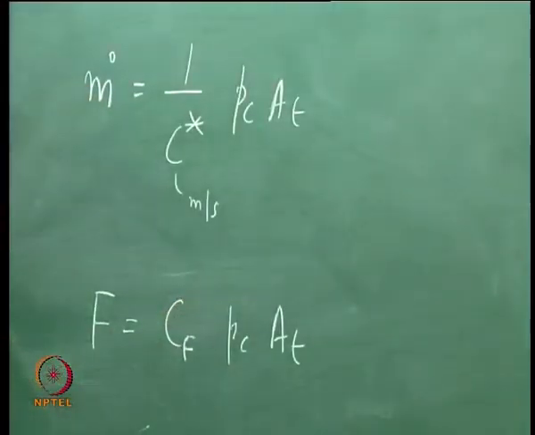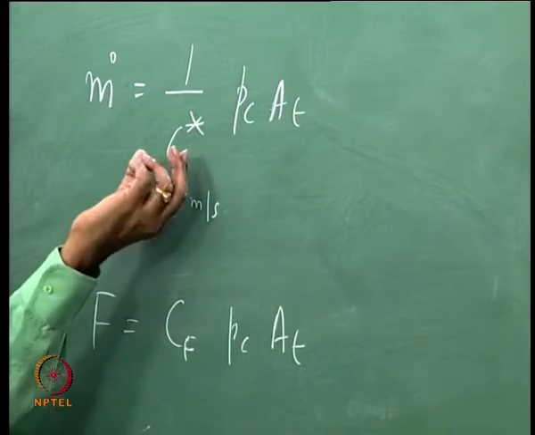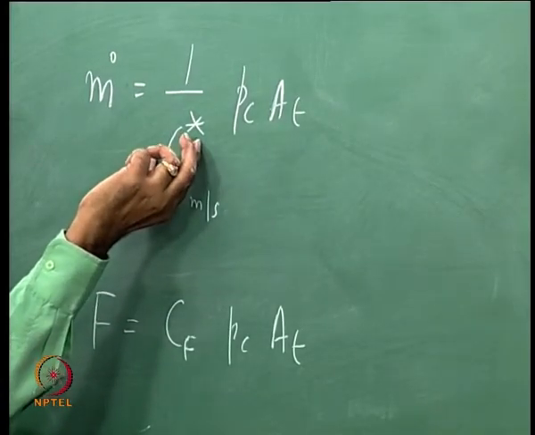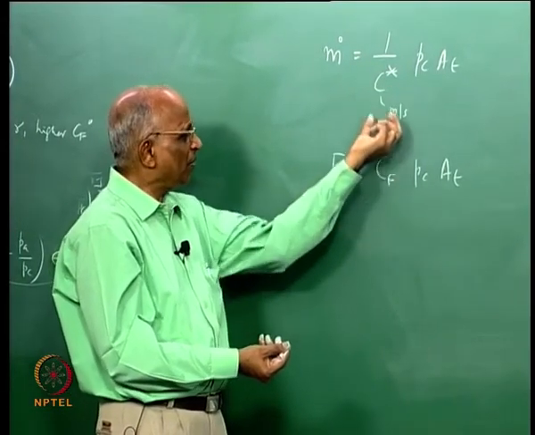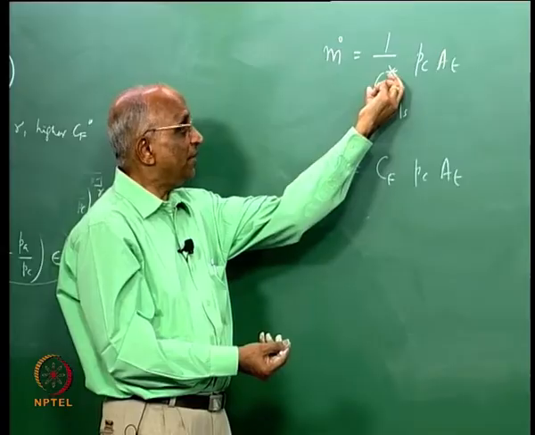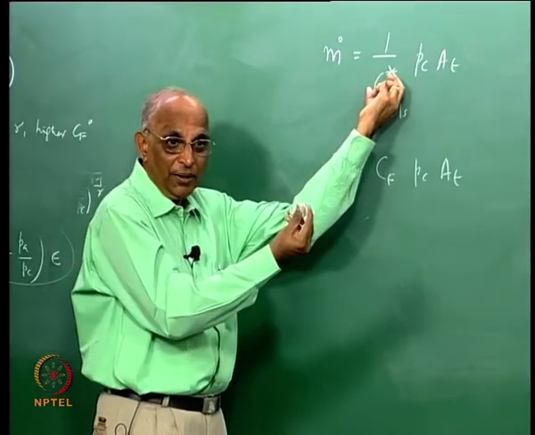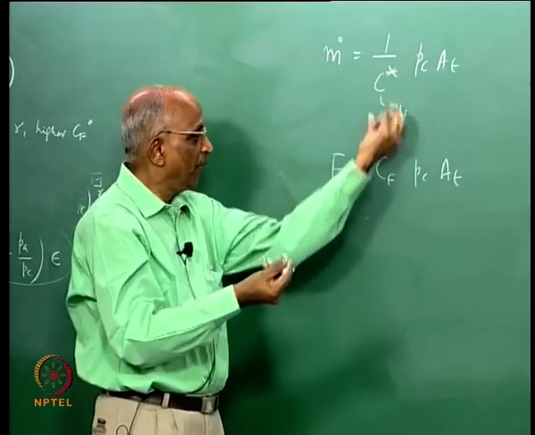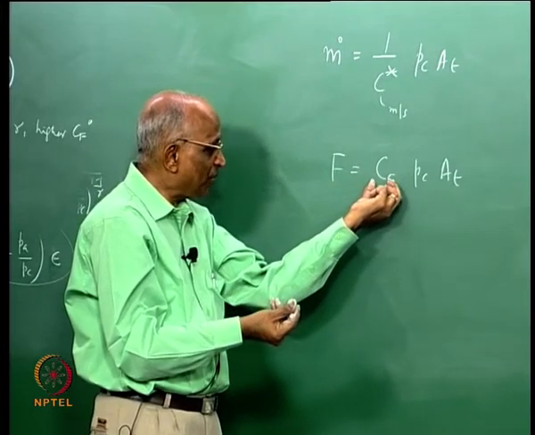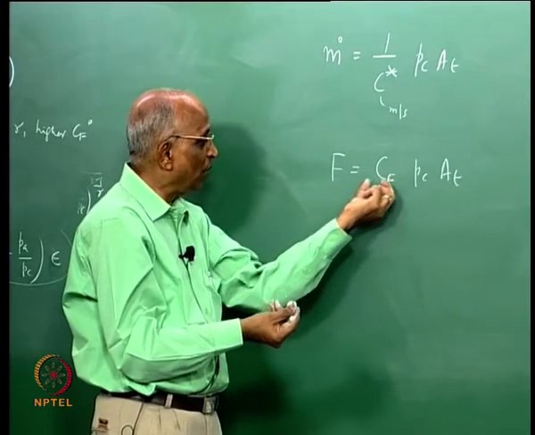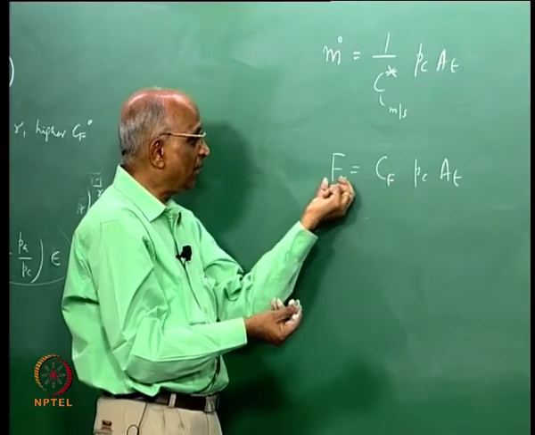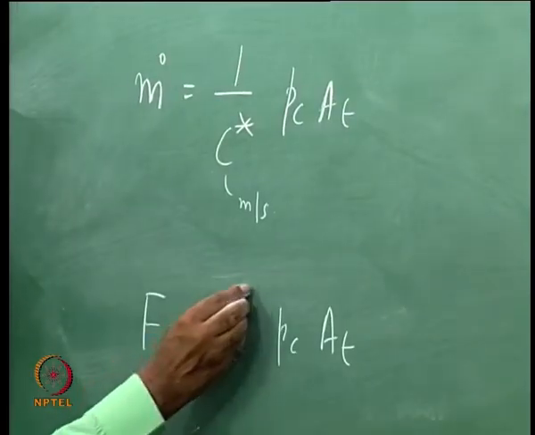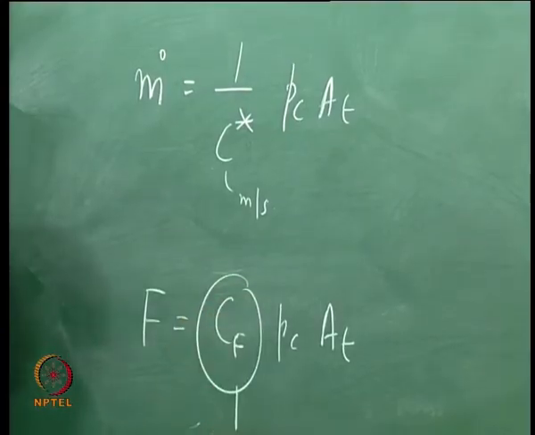Two simple expressions. Therefore, whenever we make a nozzle, we go and evaluate the nozzle for its C star, but C star does not come from the nozzle. We will see why. Because we are talking of the transfer function between mass flow rate and the chamber pressure, whereas the thrust coefficient tells me what a nozzle is doing. It takes the chamber pressure, multiplies by a coefficient, it gives you the force, and that is why we say this is the performance of a nozzle.